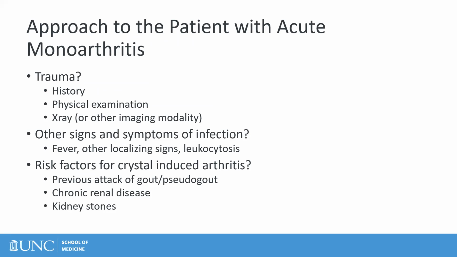You want to look for symptoms and signs of infection, fever, other localizing signs, leukocytosis on their CBC, and then think about risk factors for crystal-induced arthritis, such as a previous history of gout or pseudo-gout, presence of chronic renal disease, which may put somebody at risk for gout, and then a previous history of kidney stones, which might be a clue to somebody who would be at high risk for crystal-induced arthritis.